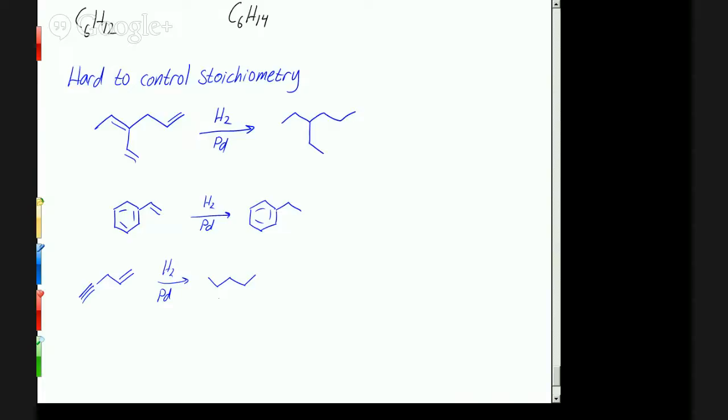So enough hydrogen got added to these first two carbons. And alkynes have straight bond angles, 180-degree bond angles. So when it gets reduced, it goes back to normal. So you still have the same number of carbons there, just with a different angle between 1, 2, 3.